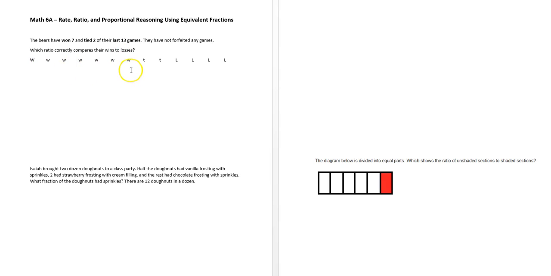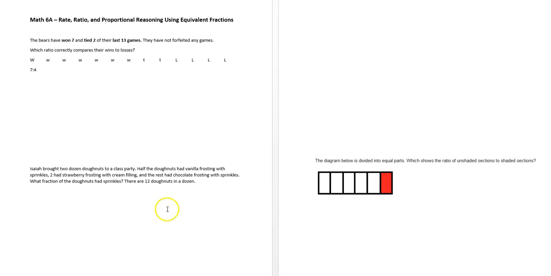So the number of wins we can see clearly is 7, and the number of losses is 4. So we can write our ratio 7 to 4, or we could write it as a fraction 7 over 4.